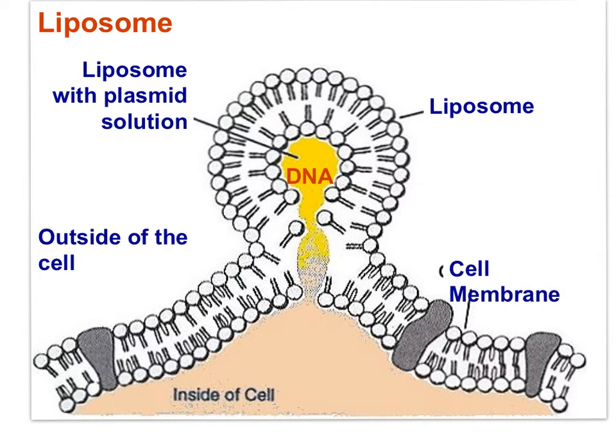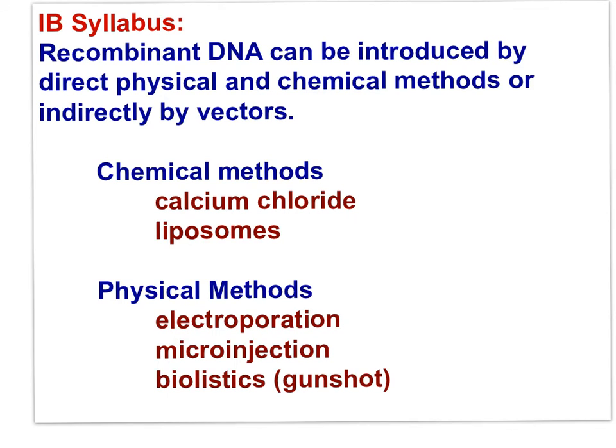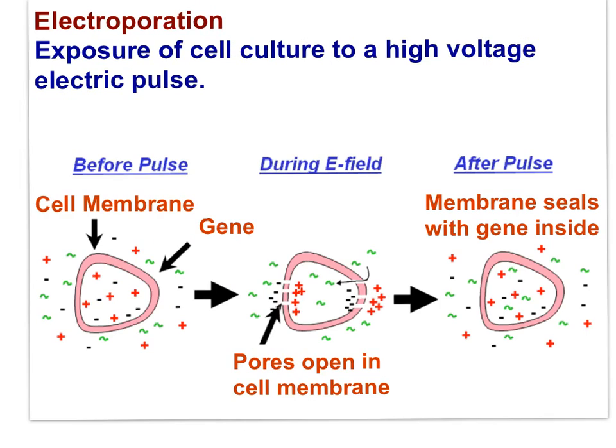So we've been looking at how recombinant DNA can be introduced by direct chemical methods, calcium chloride treatment, or liposomes. Now let's direct our attention to the physical methods, including electroporation, microinjection, and biolistics. Electroporation is the exposure of the cell culture to a high voltage electric pulse.